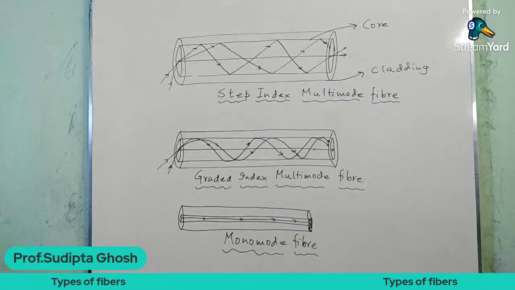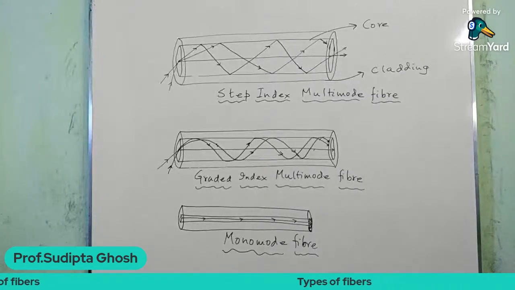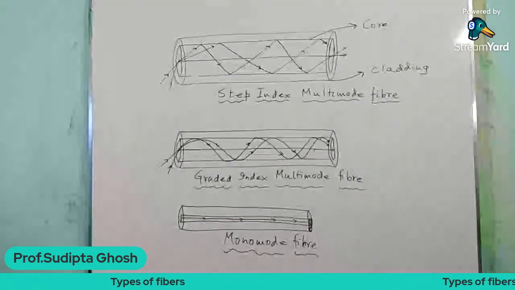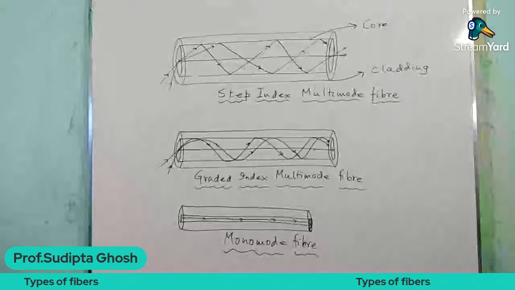Here you can see that the step index fiber has a relatively large core, and depending on the launching angle of the incident light into the fiber, there can be a large number of different zigzag paths or modes by which energy can travel down the core.